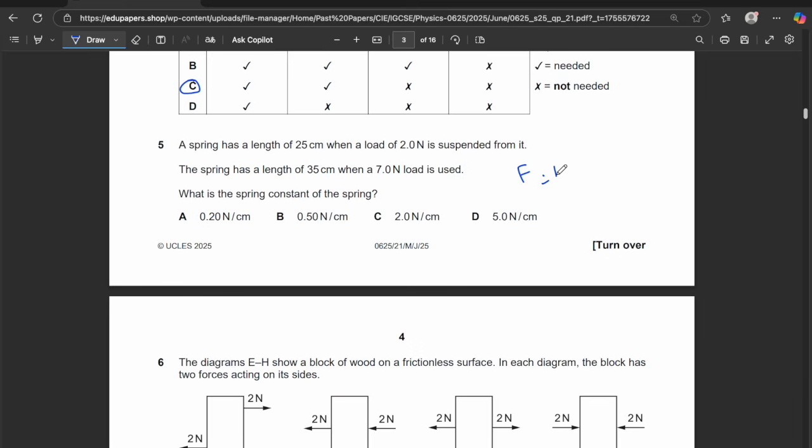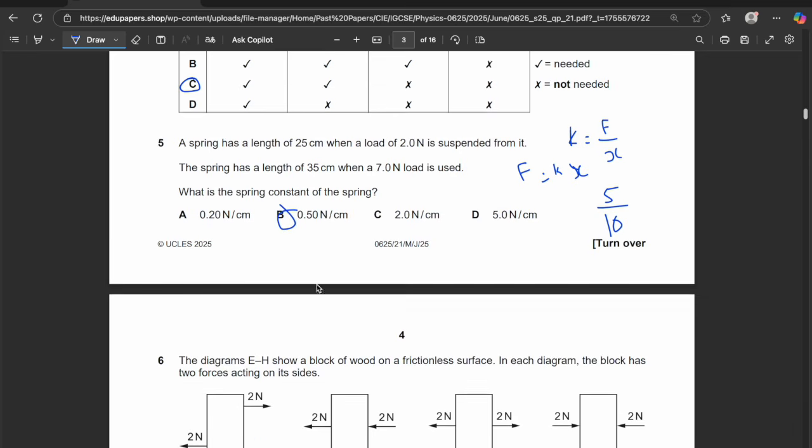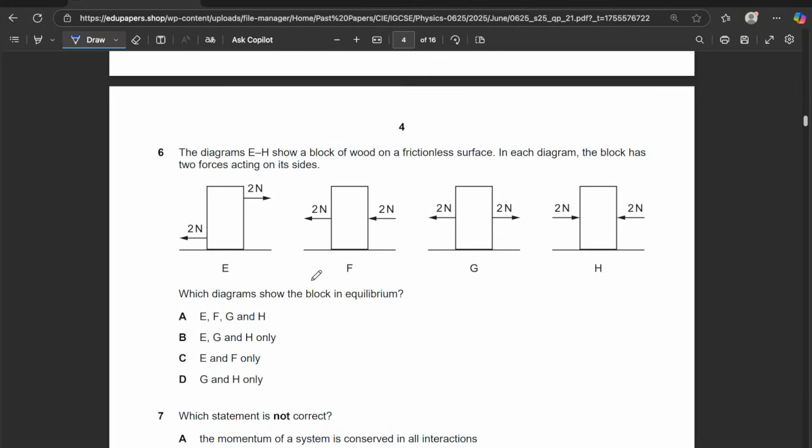Force applied is equal to spring constant times extension. So if we want k, we divide force by extension. The difference in force right here is 5, and the extension is going to be 10, so it'll be 0.5. B.